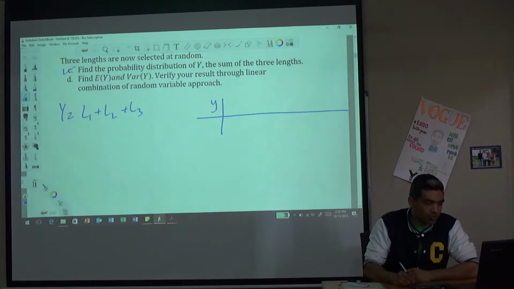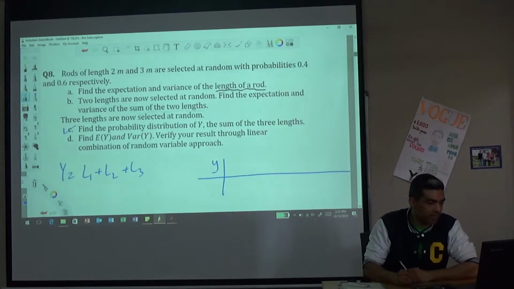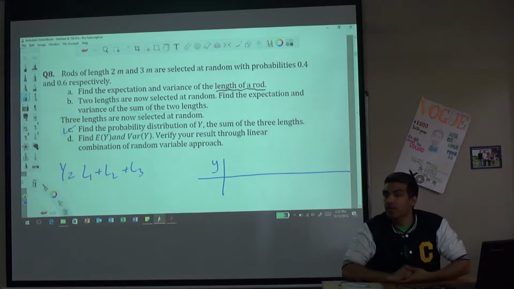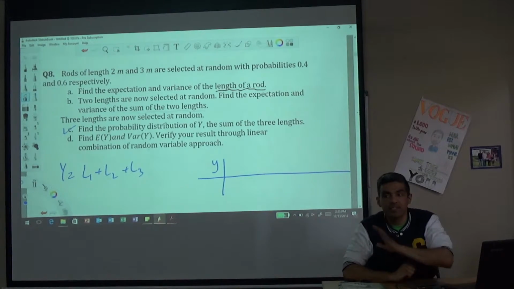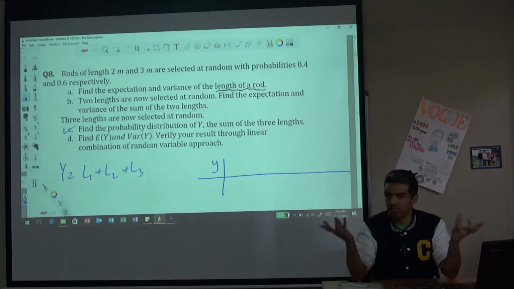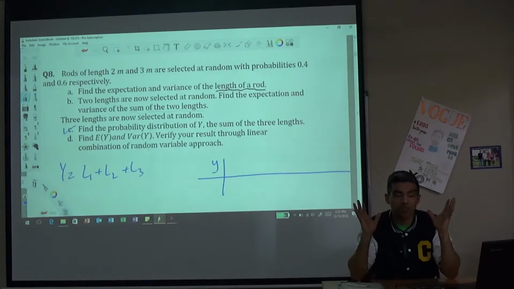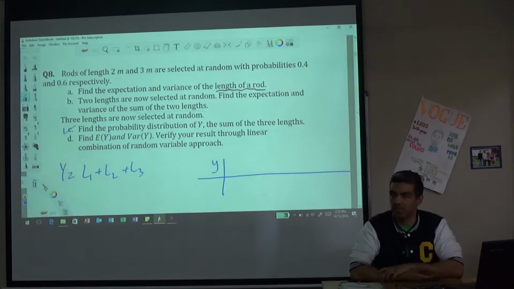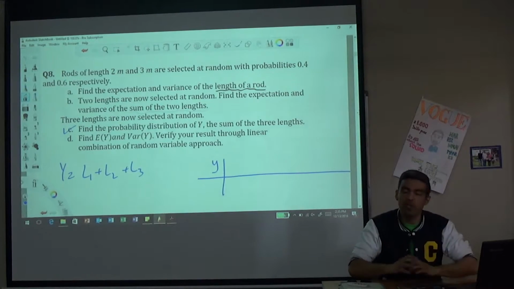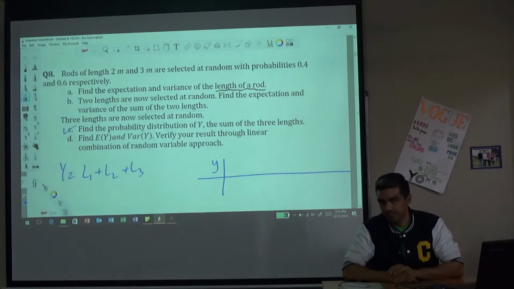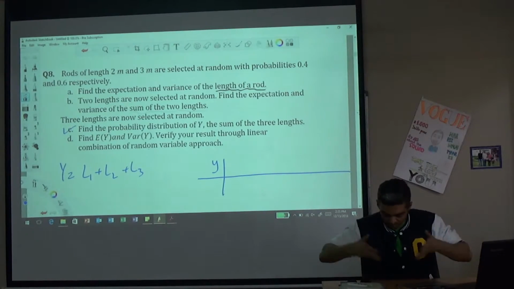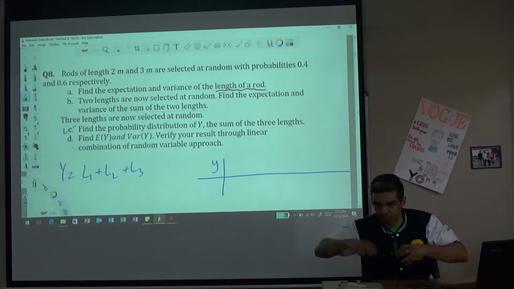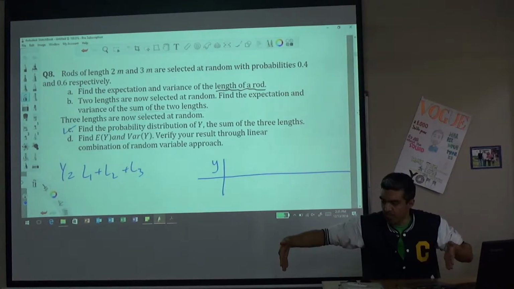In this ratio, by the way, because these are the strict probabilities that we have, 0.4 and 0.6, that means if there were 1,000 of them in the inventory, you would have 400 of 2 meter ones and 600 of the other. If 10,000 पड़ी है तो 4,000 वो होंगी, 6,000 the other one. Okay, so now you randomly pick 3 and just place them together. So to judge the total length, 3 side by side place करके, what's the total length?